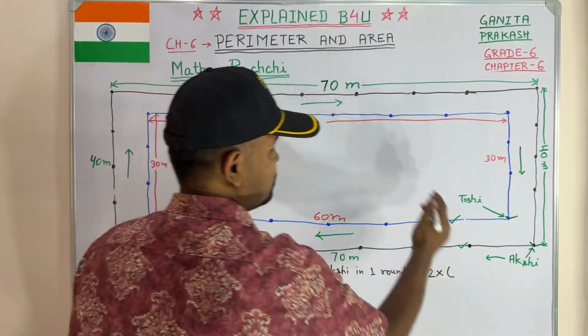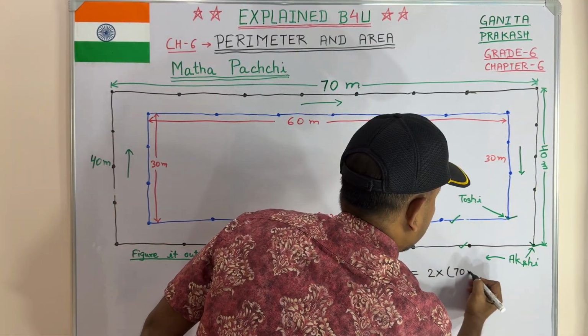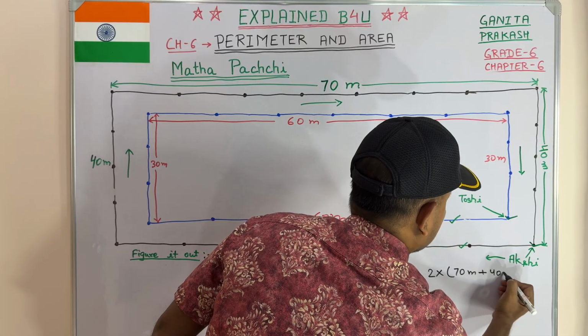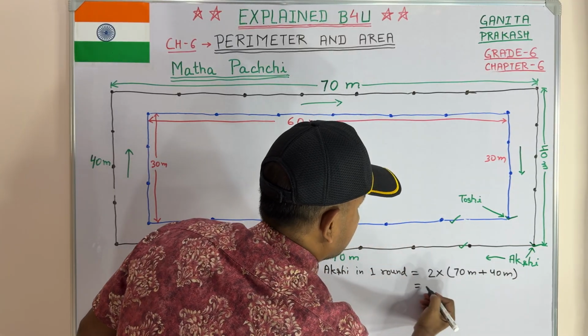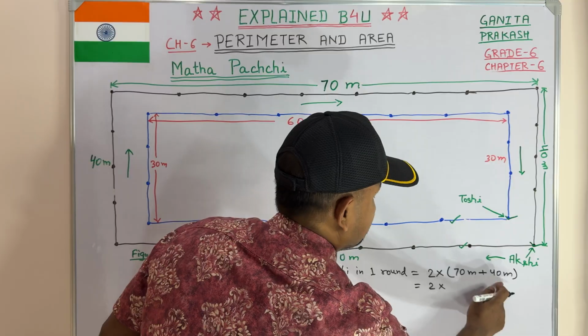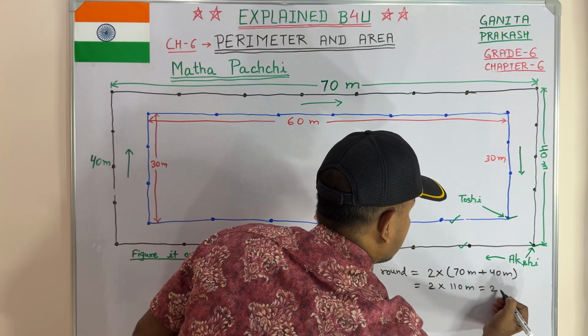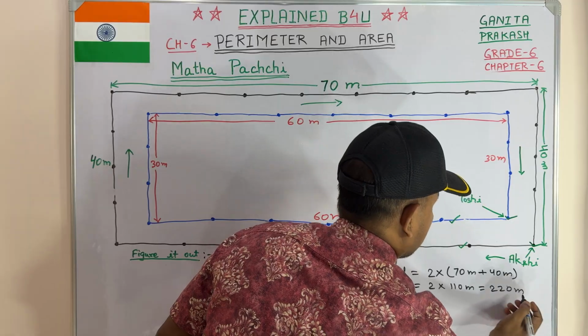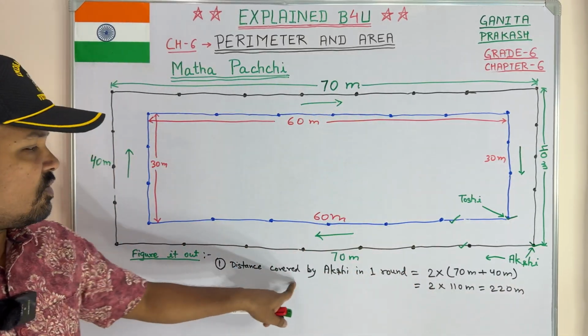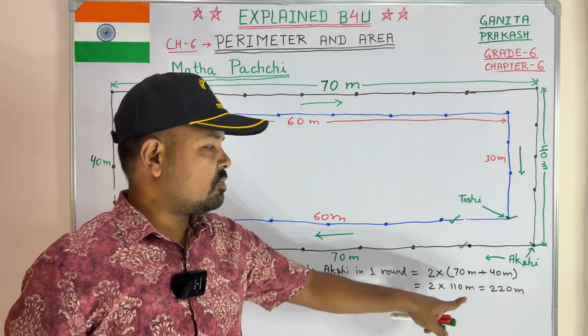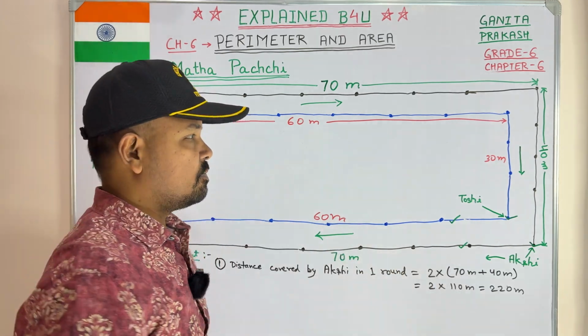Length is 70 meter and breadth is 40 meter. So we can write 2 into (70 plus 40) is 110 meter, equal to 220 meter. So distance covered by Akshi in one round will be 220 meter.